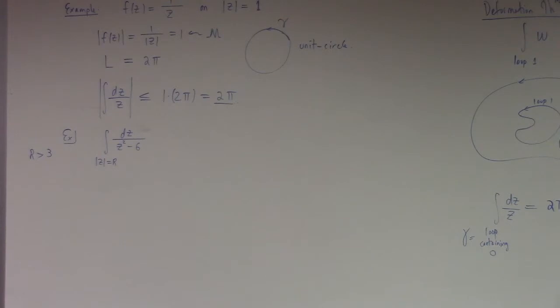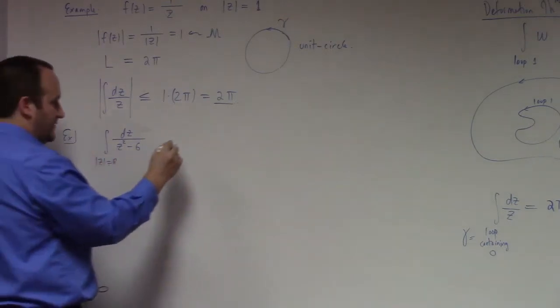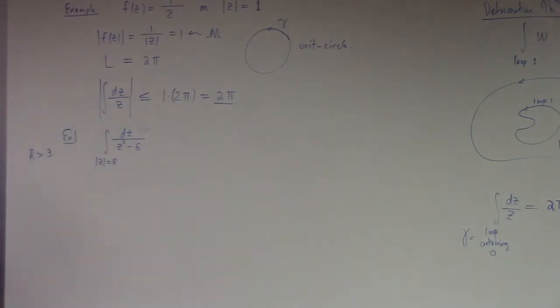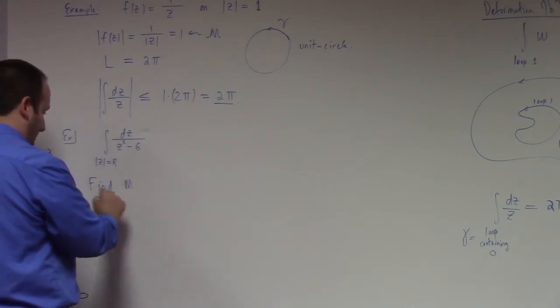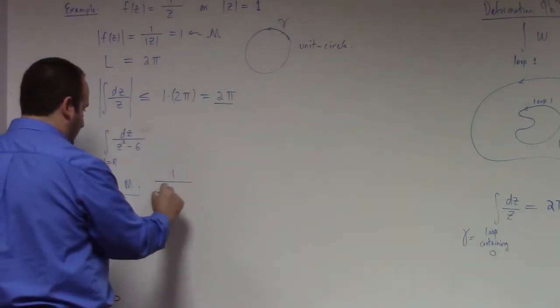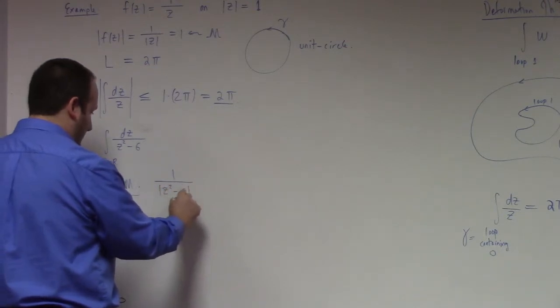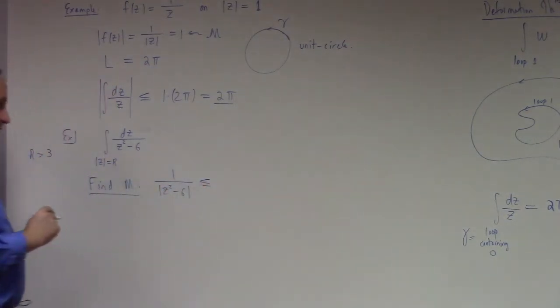So what happens here? I'm suggesting that we should try to bound the modulus of 1 over z squared minus 6. So find M. We want to look at 1 over the modulus of z squared minus 6. If I want to make this fraction smaller than what I'm about to write, I need to make the denominator bigger.